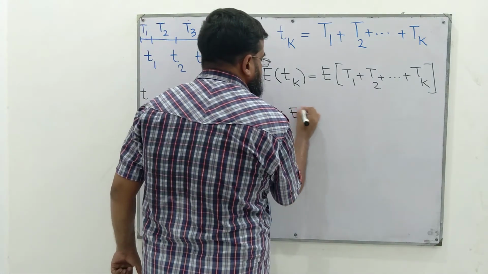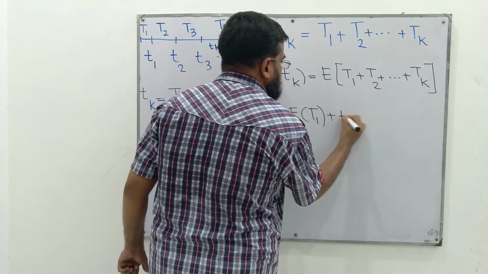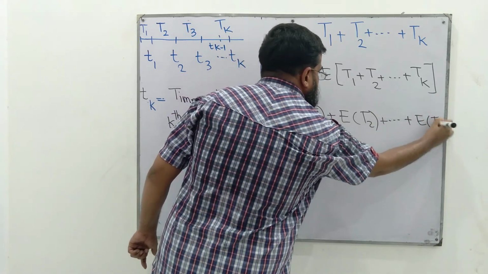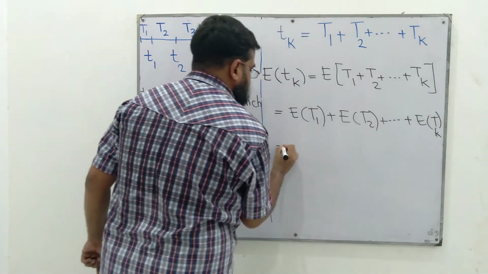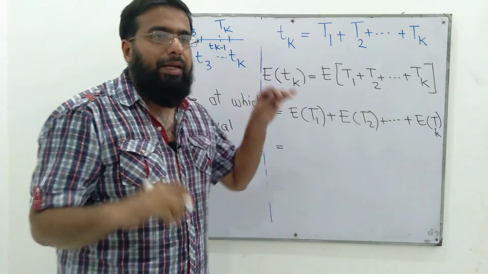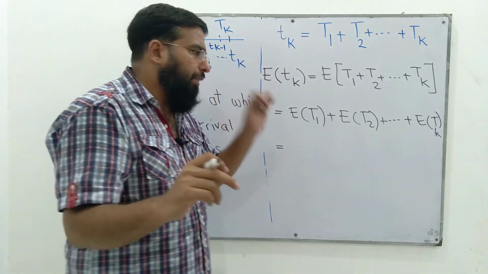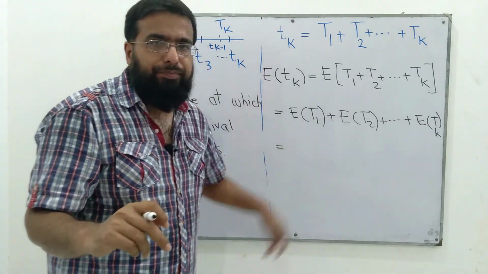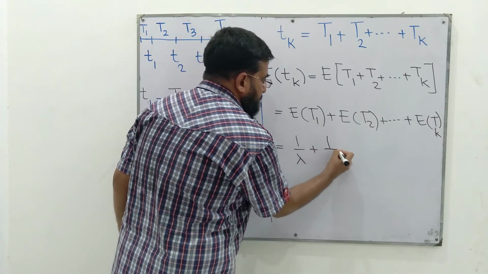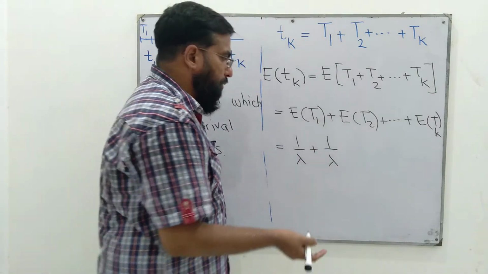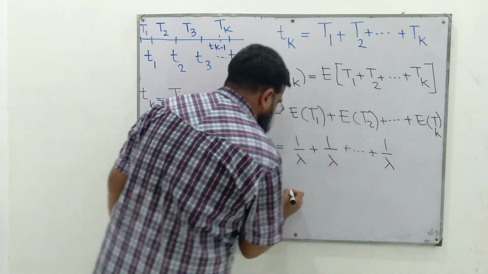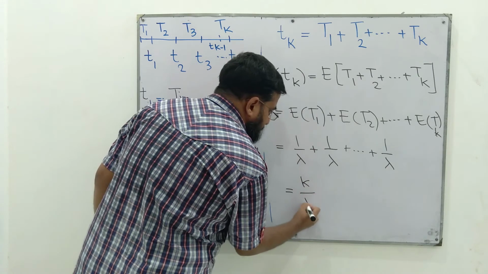So this is the expected value of T1, plus the expected value of T2, up to the expected value of Tk. Since it is the same process with the same parameter lambda, the expected value of T1 would be 1 over lambda, plus 1 over lambda, and so on. So this comes out to be k over lambda.